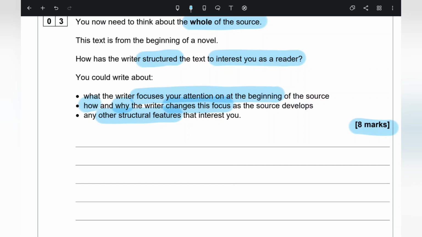You need to explore and tell us why that is. And finally, any other structural features that interest you. Again, there is a range and you need to be familiar with all of them for Monday's exam. So what I wanted to do is to show you this and break down how to approach the question and also how to answer the question as well.